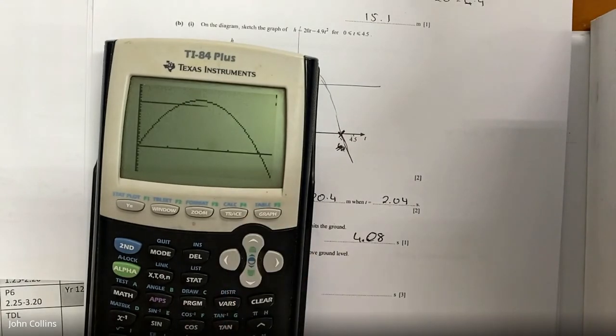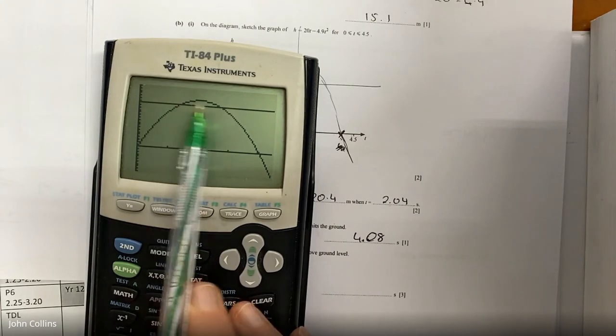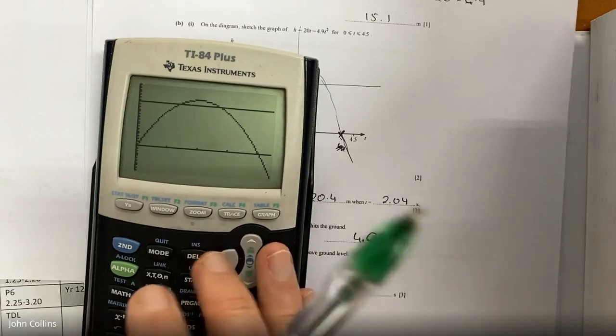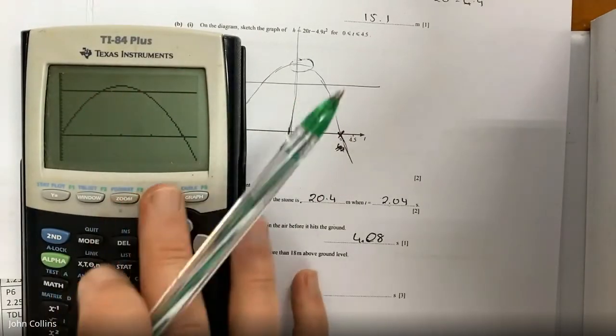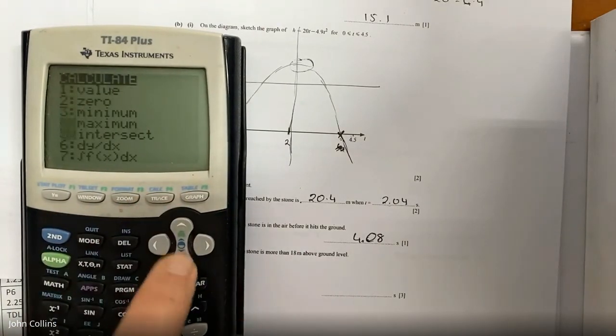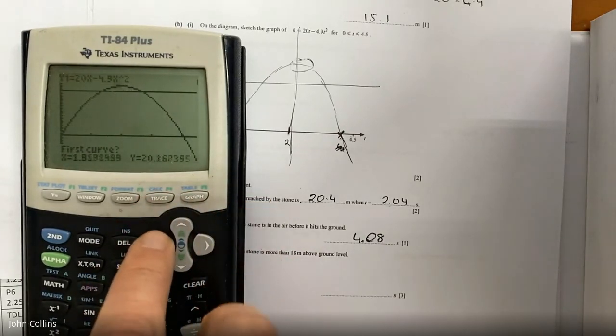Graph it, and you see that line. Find this point of intersection and this point of intersection, and take away the two times. If you want to find the point of intersection, second, and go down to intersect. Same thing. Go to the left of the point you're looking at. Go to the right of the point you're looking at.